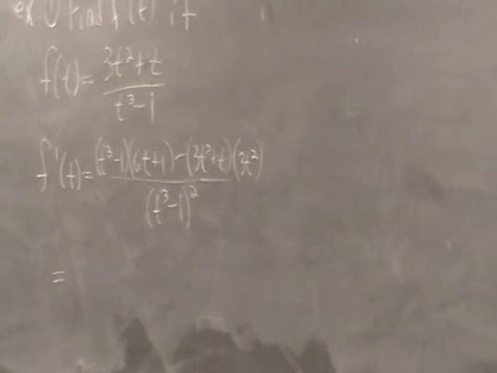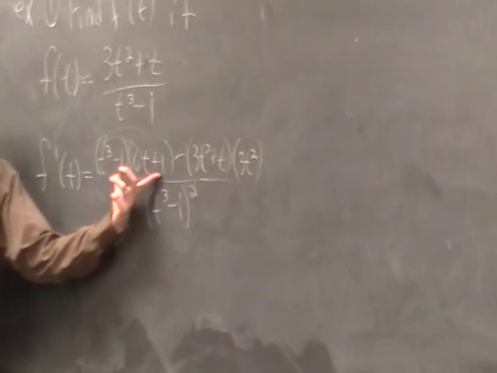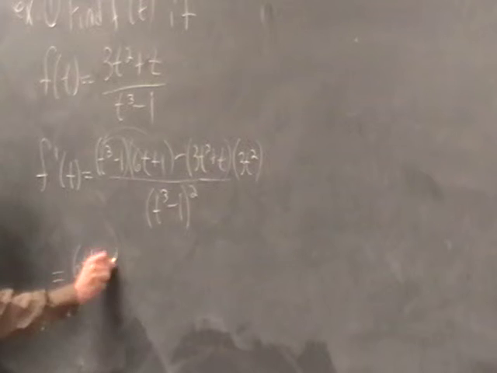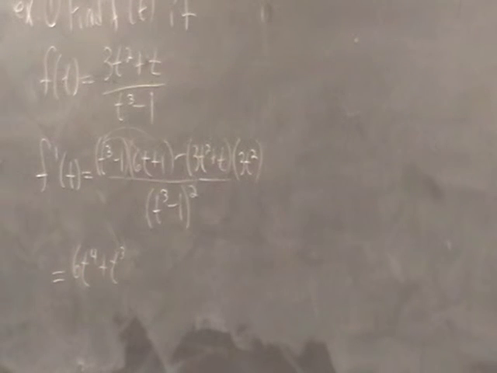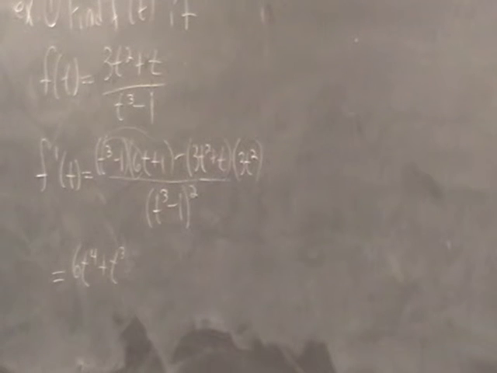Oh yeah, got it. That'd be plus 1. Let's clean this up a little. We're going to have a 6t to the 4th and a plus t cubed for the first two. We're going to have a minus 6t and a minus 1.